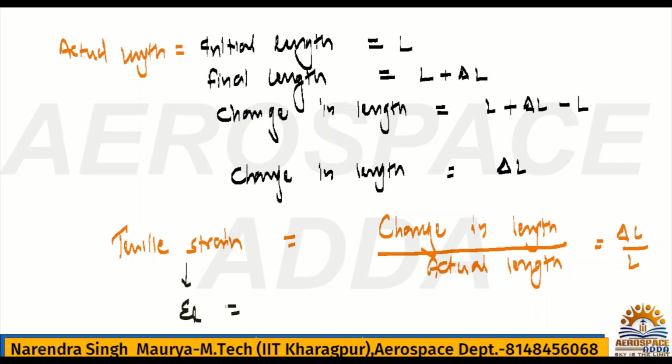So tensile strain is delta L by L. This will be positive in sign. Why? Because the length is increasing here.